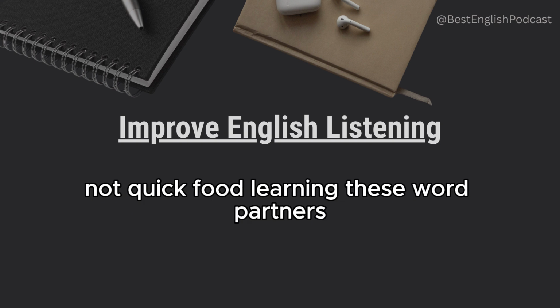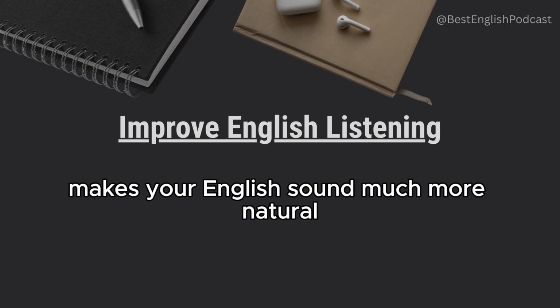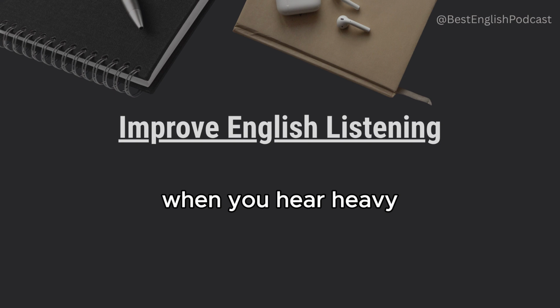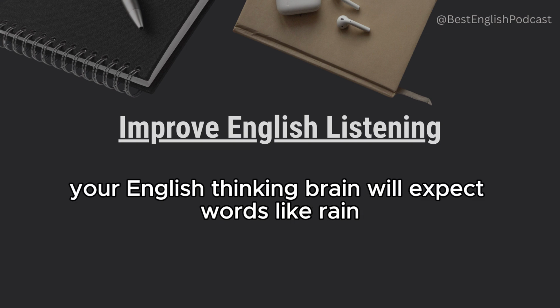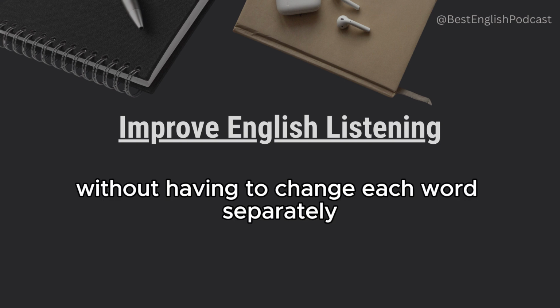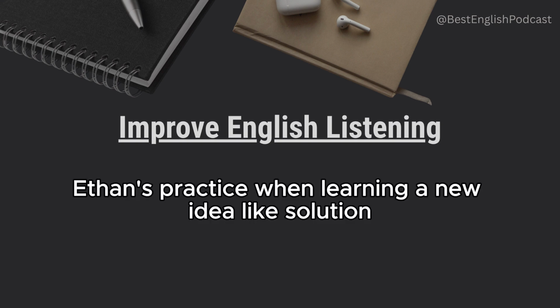Learning these word partners makes your English sound much more natural, and very importantly, helps your listening and thinking. When you hear heavy, your English-thinking brain will expect words like rain, traffic, or burden without having to change each word separately. Ethan's practice.